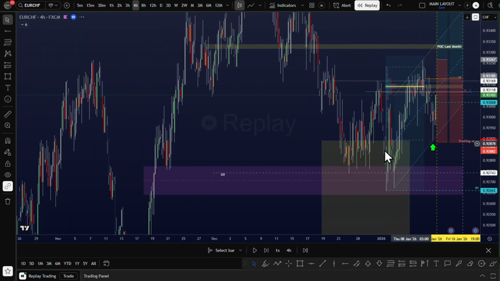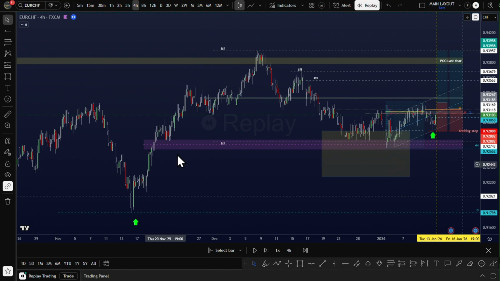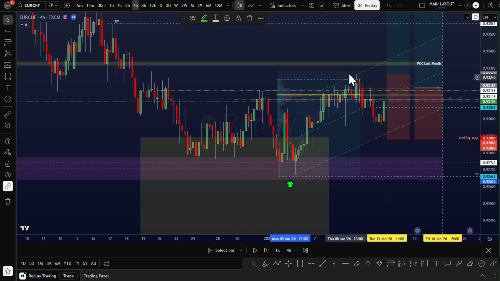Being in a discount zone on a daily order flow, this is my daily, from this low to this high, we return into the discount zone. I wait for a break of structure, a new 4-hour order flow forming. You can see from this low to this high we break this high.